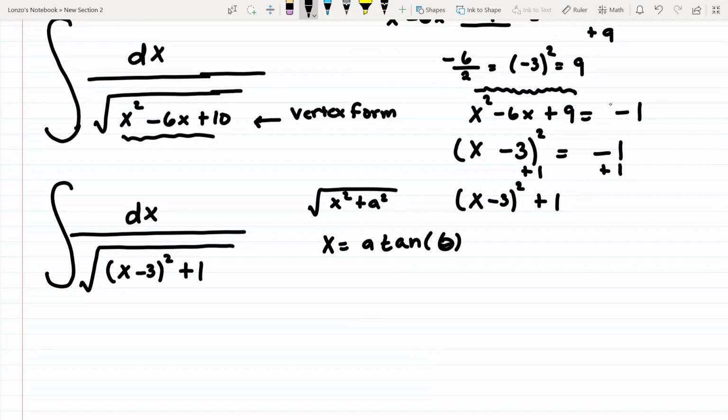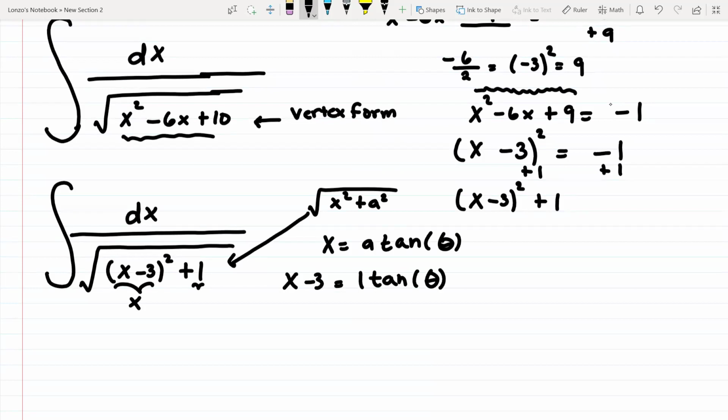Let's compare this with this. What do you think our x value is and what do you think our a value is? Believe it or not, our x value is not just x, it's this whole thing, x minus 3. And our a value is what number squared gives you 1? That's just 1. So our a value is 1.